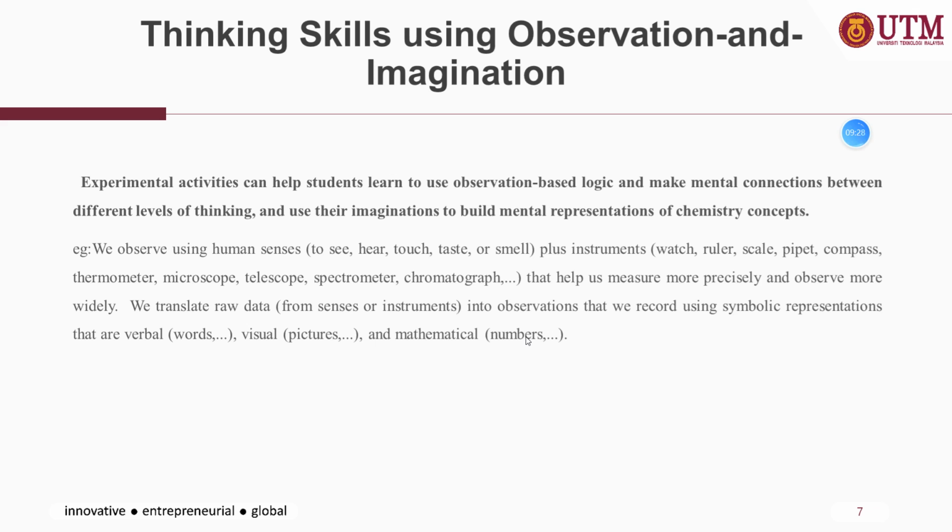Example, we observe using human senses to see, to hear, to touch, to taste or smell, plus instruments: watch, ruler, scale, pipette, compass, thermometer, microscope, telescope, spectrometer, and chromatography, which help us measure more precisely and observe more widely.